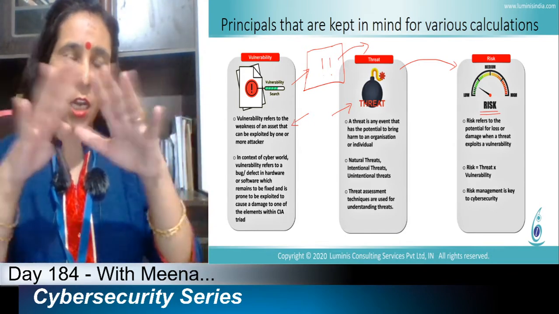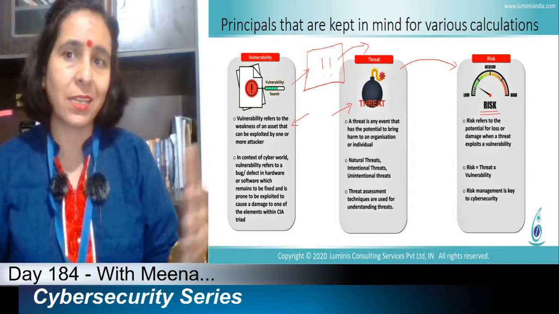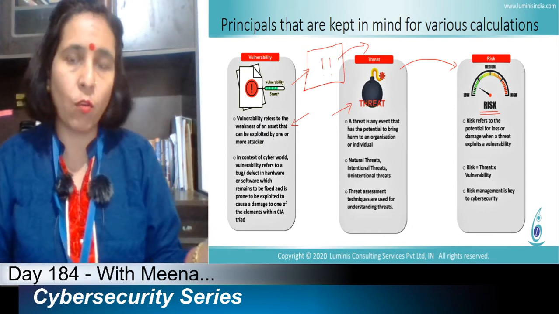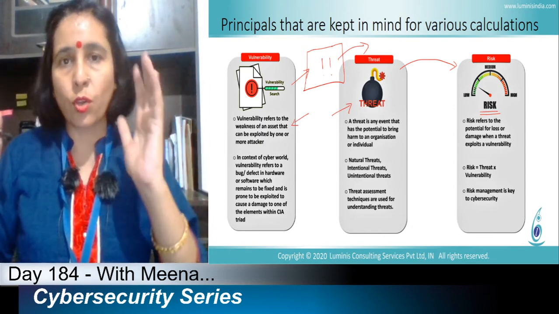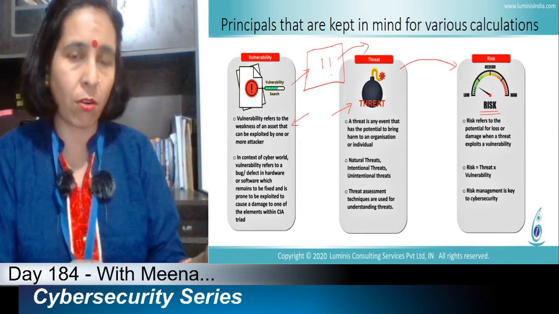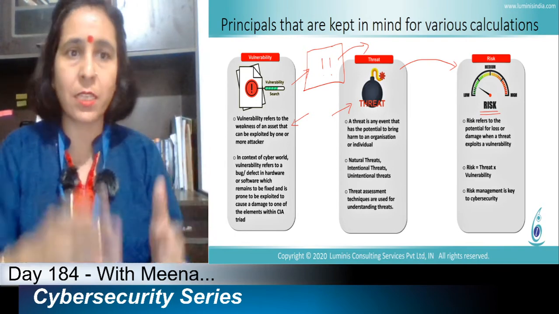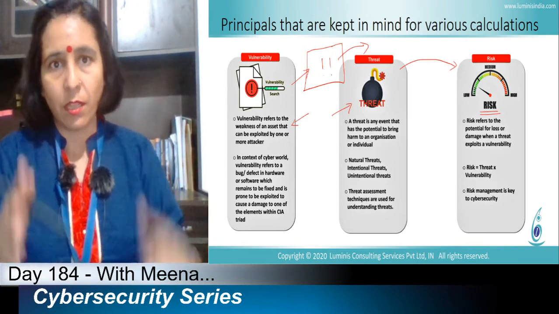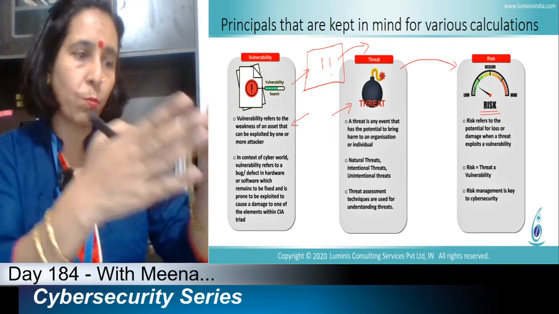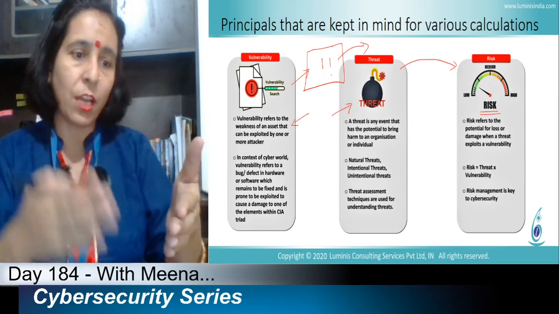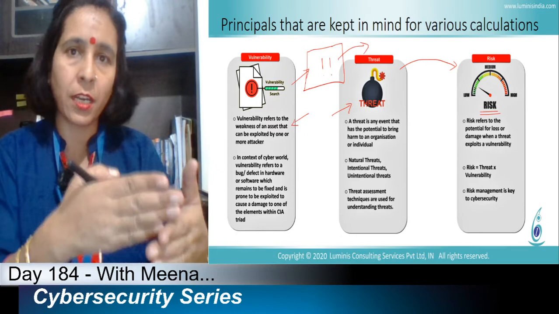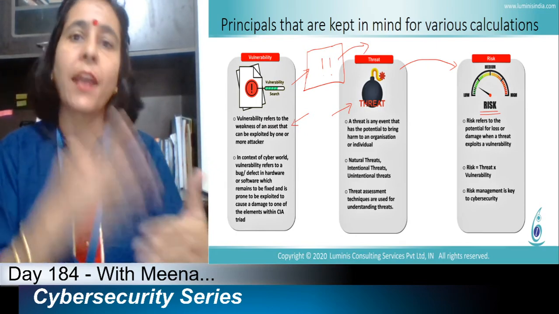Once we understand all these things, then whatever resources we have, maybe we don't have highly advanced security services or devices in our organizations, but if we understand these three things completely, we can put our resources in the proper place and prioritize: this is the most critical data which we need to protect at any cost.